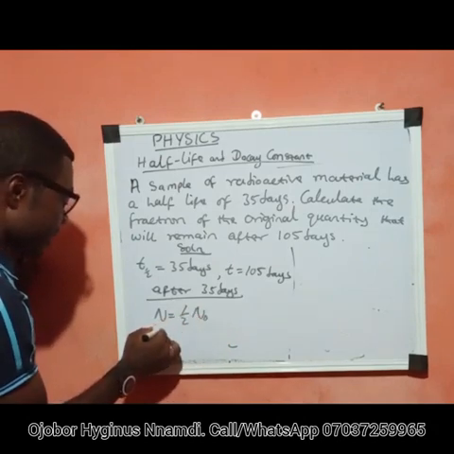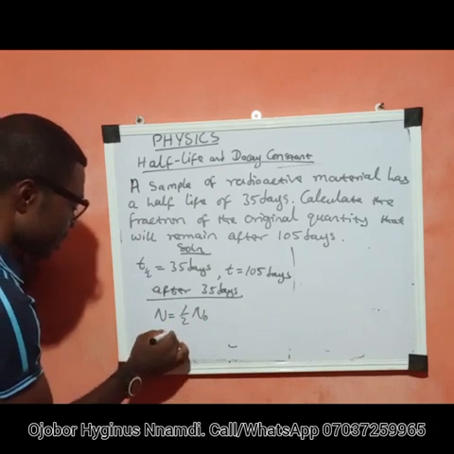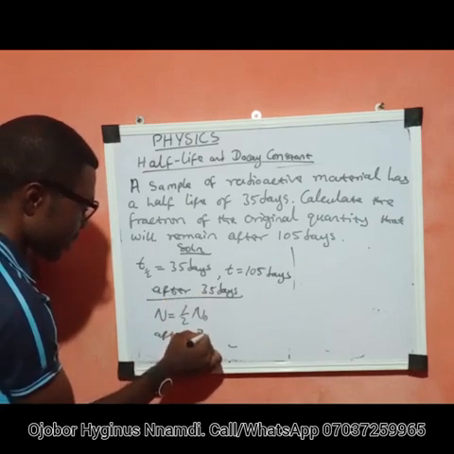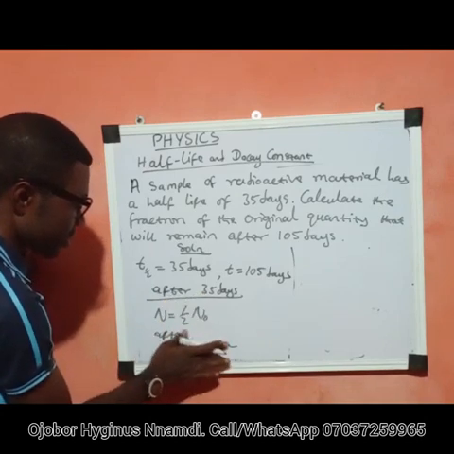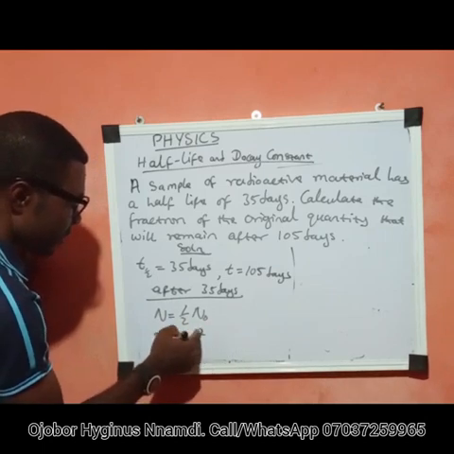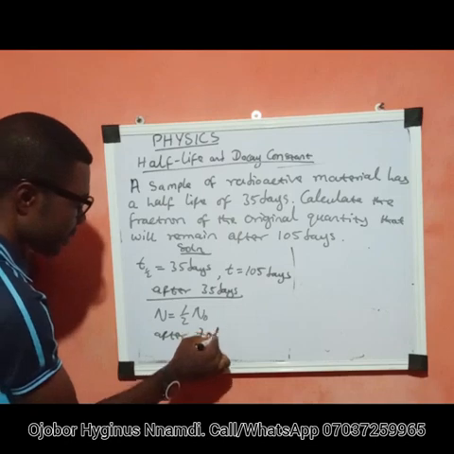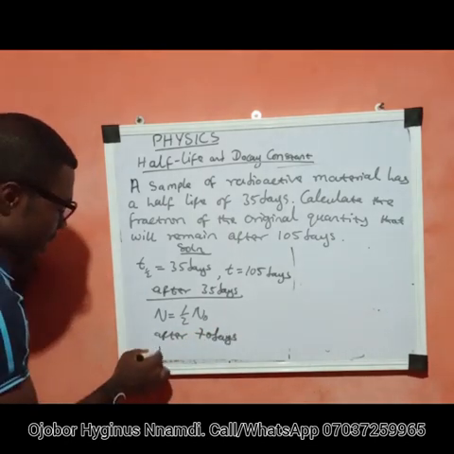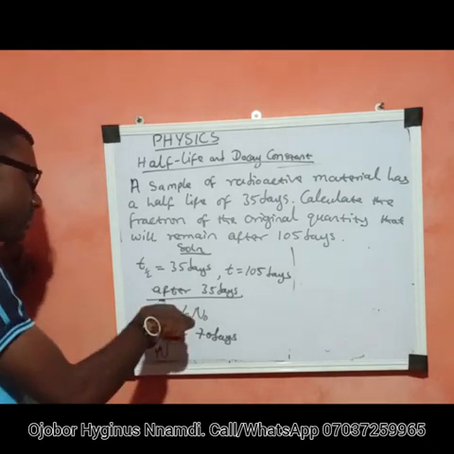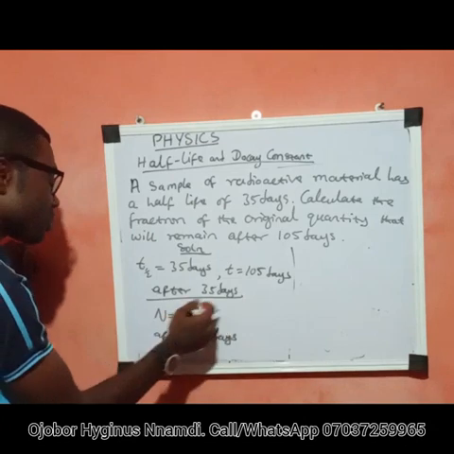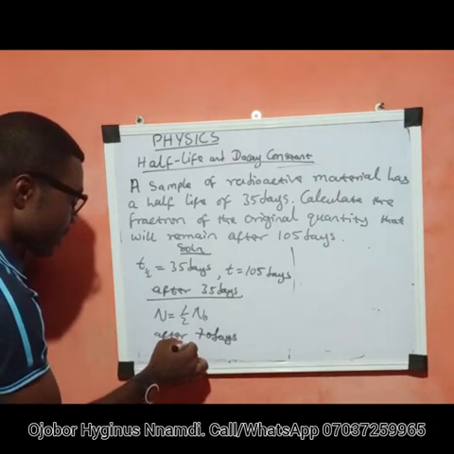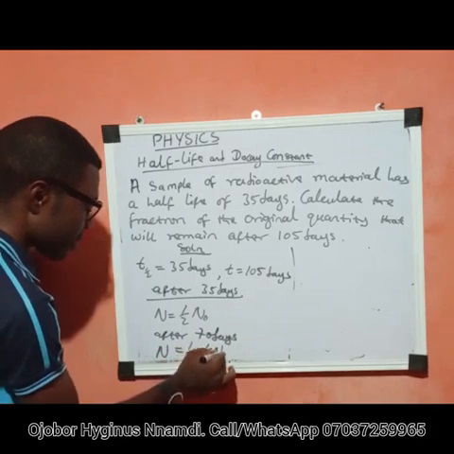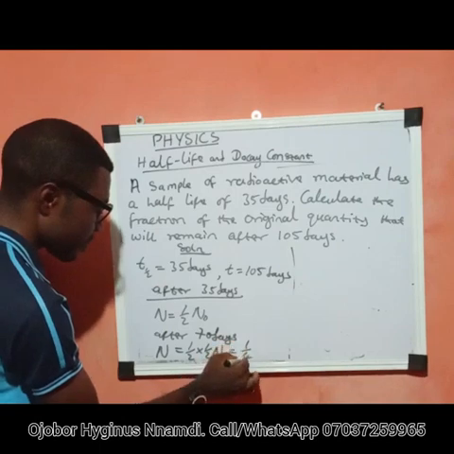After another 35 days, 35 plus 35 will give us 70 days. So after 70 days, the number that will remain will be half of this half, because half of this half will also decay again, and we'll have half of half N naught, and that will give us 1 over 4 N naught.